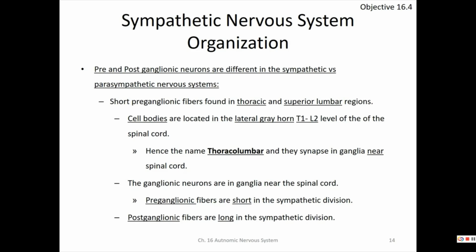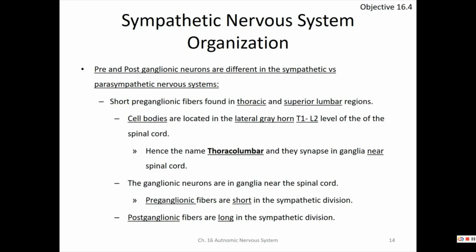We should have that in our head from earlier on in this chapter. So with that, we're going to be talking about the pre- and post-ganglionic neurons only. Just don't forget there is a third one up there.